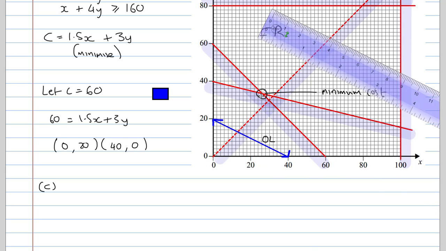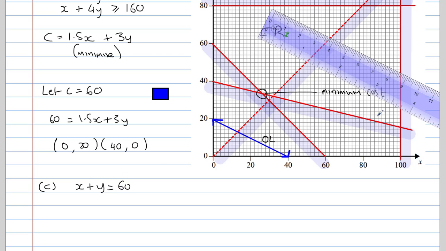Now, if you can just read off this value from your graph, particularly in questions where they draw it, that's great. Just write down the values. If you're confident you've got them correct, it will save you time. If you're not, what you need to do is figure out which two lines intersect and solve for the intersection using simultaneous equations. So this line here is x plus y equals 60.